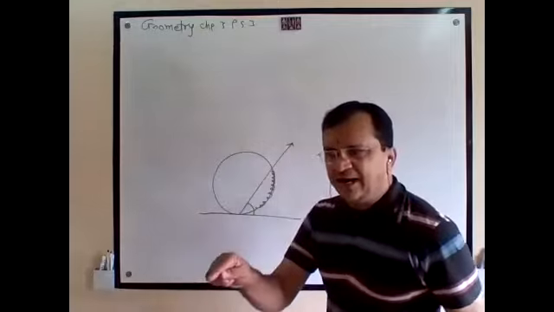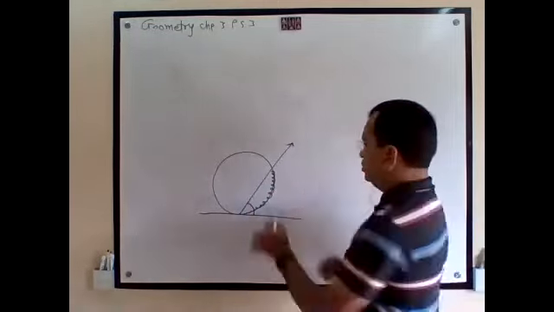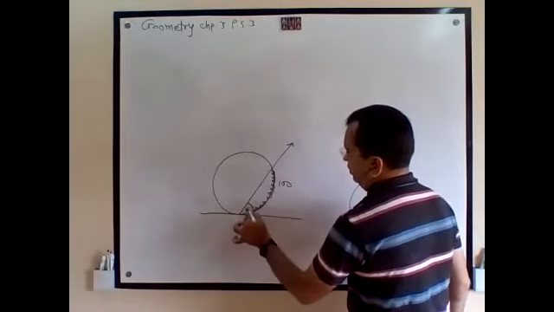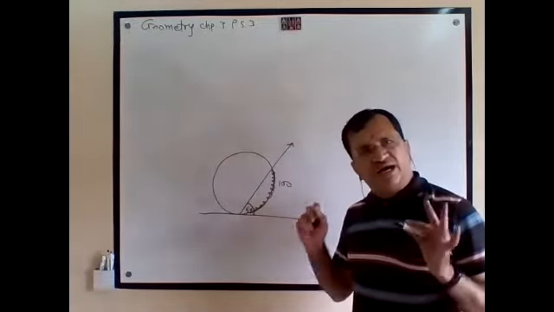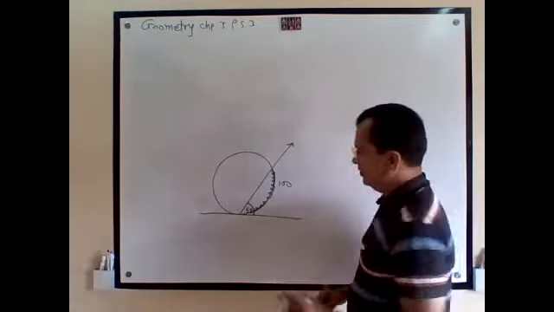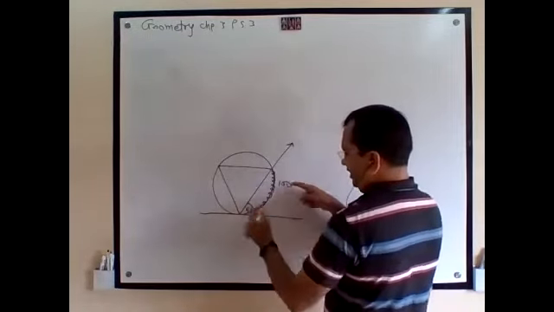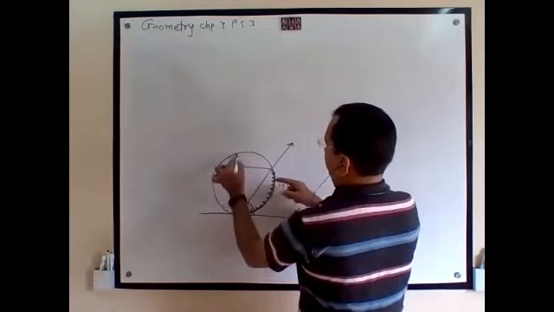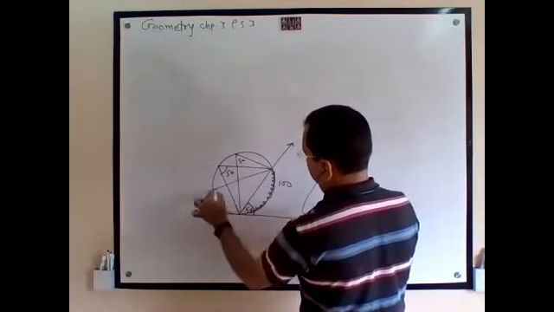So inscribed angle is always half of the arc. So this one will be 50. Angle is equal to half of the arc. Agree? Same. By this 100, this is also inscribed, so it is also 50. By this arc, this is also 50.